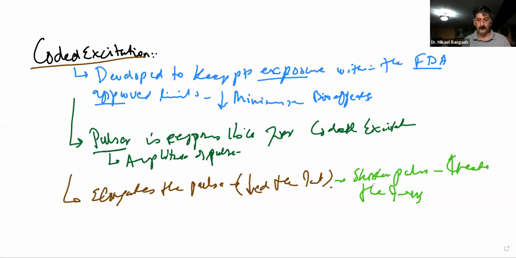The elongated pulse is mainly to reduce the peak intensities of the pulse, because those would cause a greater likelihood of bioeffects.